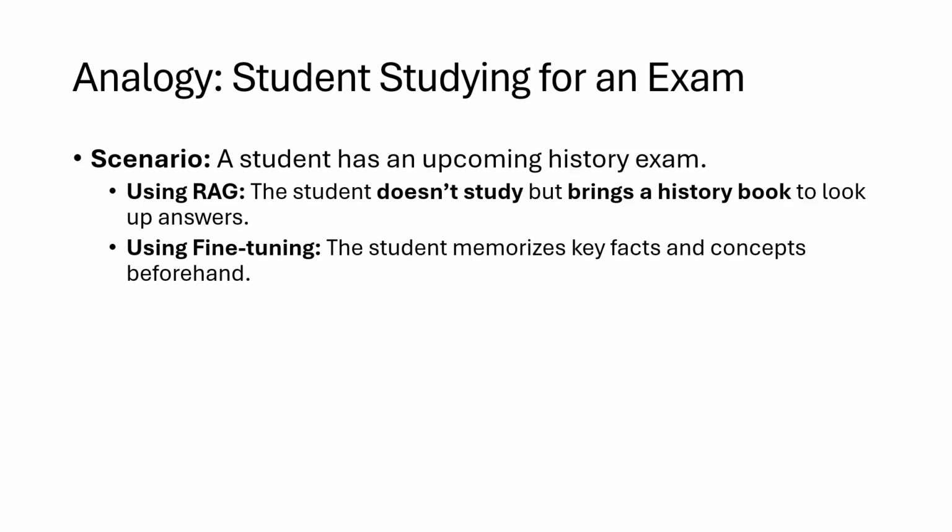And using fine-tuning is like the student memorizes key facts and concepts before the exam. Both methods work, but they are suitable for different situations. RAG is great for real-time updates, as I mentioned, while fine-tuning is better for storing fixed knowledge inside a model.